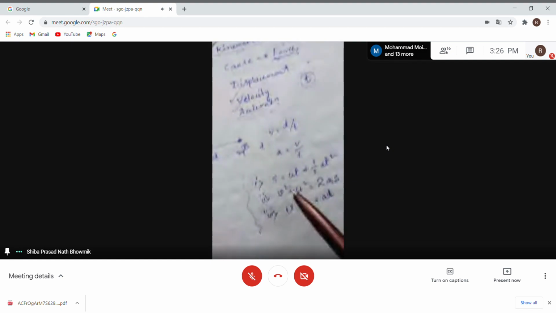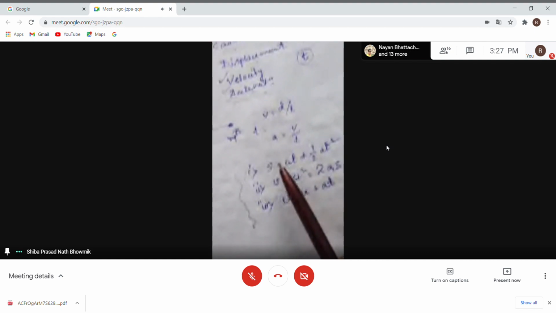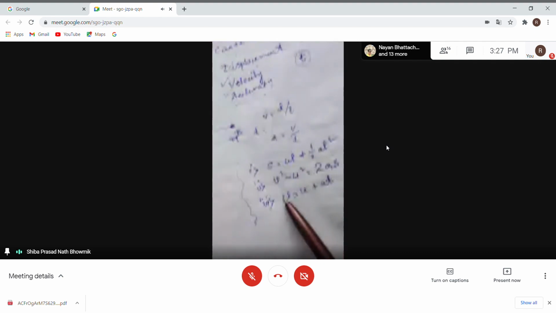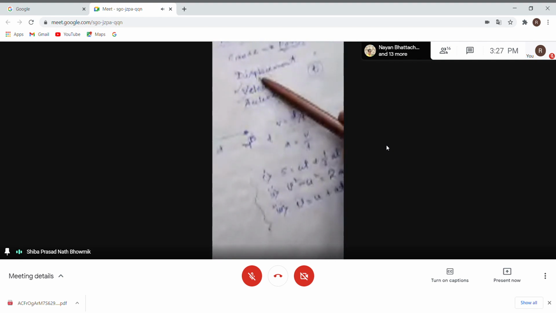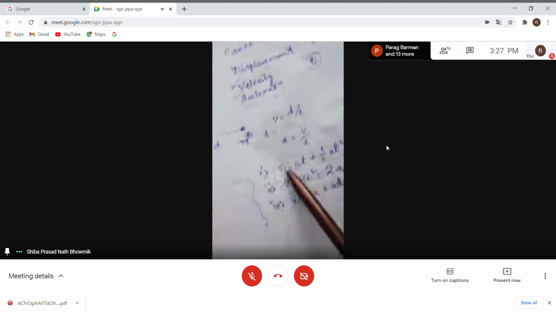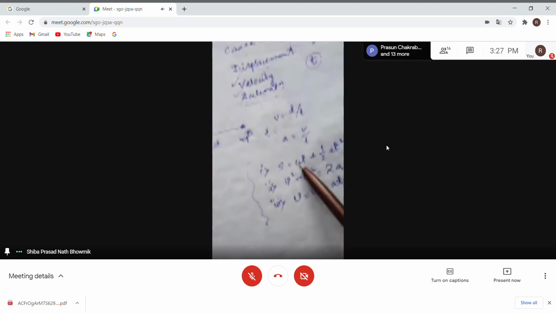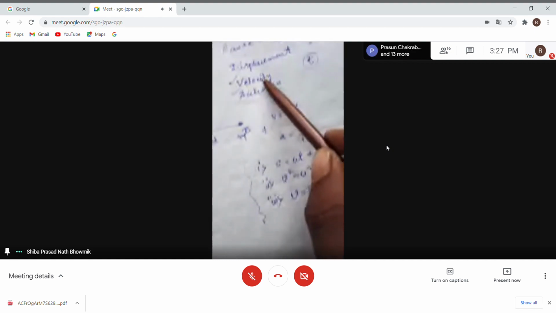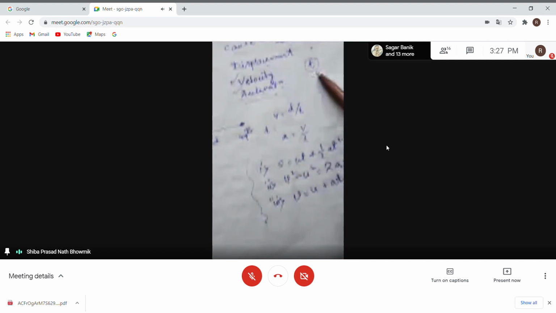Now if we see very carefully, in these three equations we have only these factors, right? In the first equation, s is the displacement, u is the initial velocity, and t is the corresponding time that I told you.